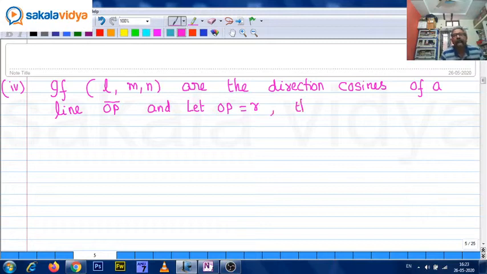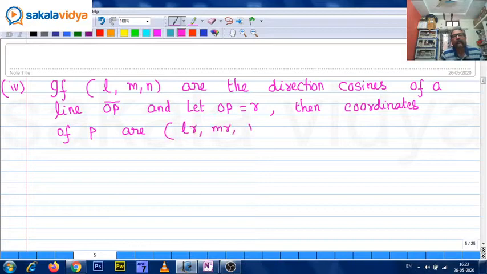Then the coordinates of P in space are lr, mr and nr. Okay.